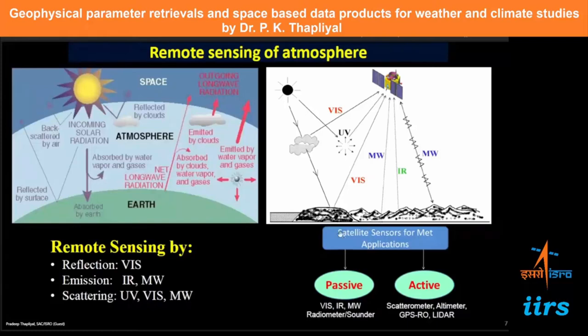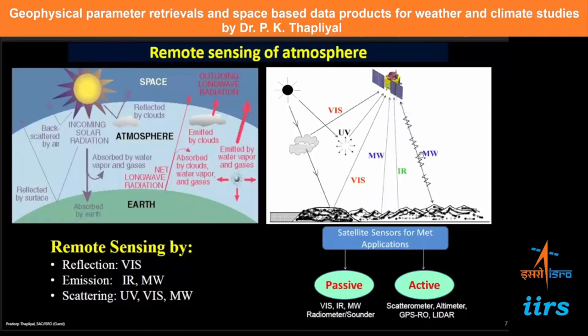Now in remote sensing, for satellite sensors for meteorological applications, there are two types of sensors. That is passive sensors, which measure the reflected visible radiation as well as emitted infrared and microwave radiation from Earth and atmosphere. Whereas active sensors are those where the source of energy is on the satellite itself.